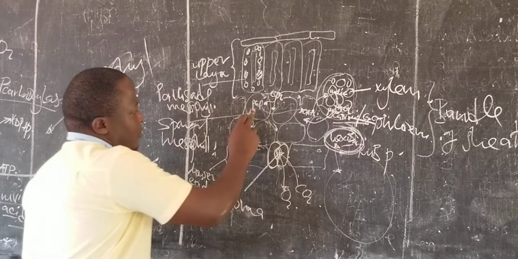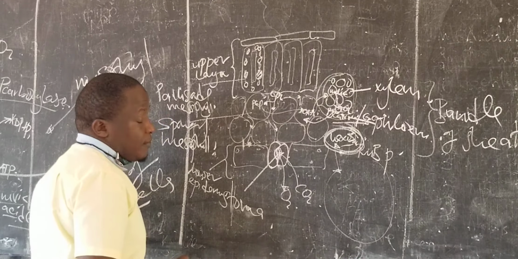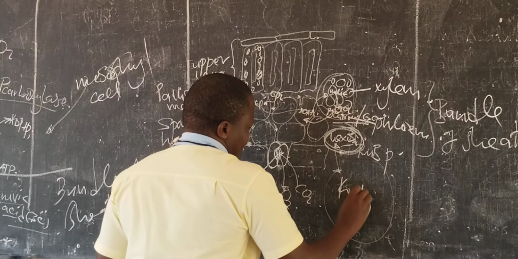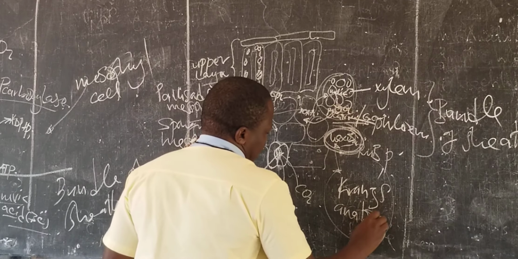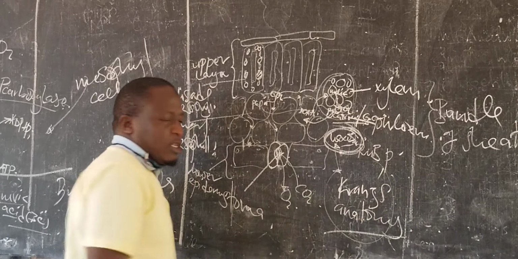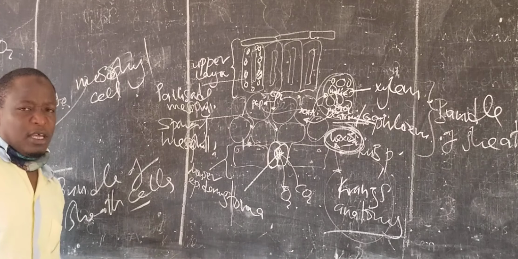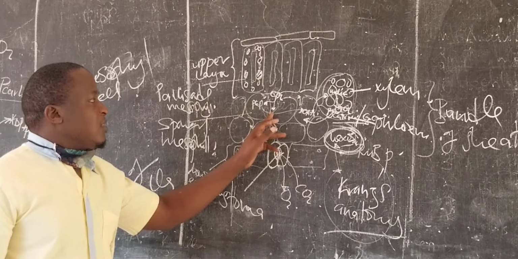The ability of this process to occur in two separate cells, I said we call it Kranz anatomy. So they'll ask you what is meant by Kranz anatomy, and you will explain the significance of Kranz anatomy.